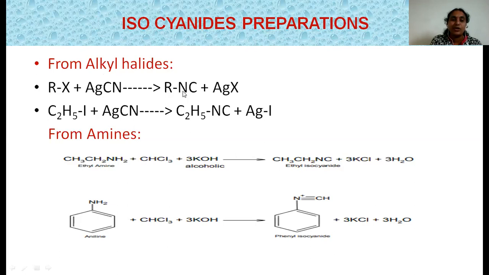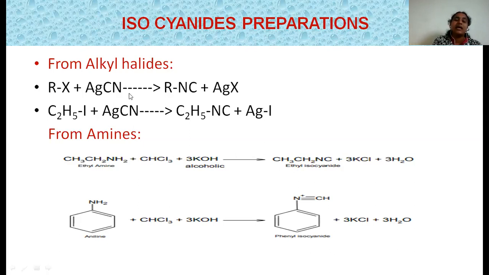Whereas in cyanide formation, alkyl halide reacts with another reactant, potassium cyanide. Potassium cyanide exists in ionic form, so potassium exists as K+, whereas cyanide exists as CN-, so there the carbon has the minus charge.